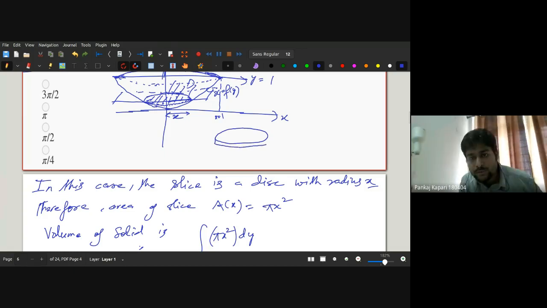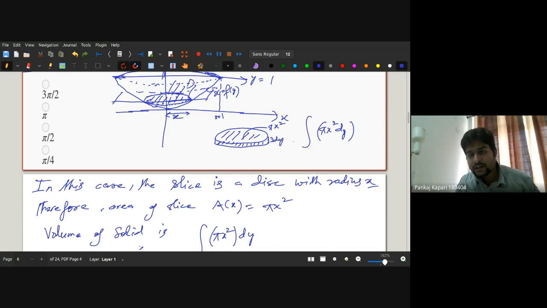Because we usually partition the interval, there is a small thickness of this slice, and because the slice is across the y-axis, let's call this thickness dy. The area is pi x square, so the volume of this small slice is just pi x square times dy.